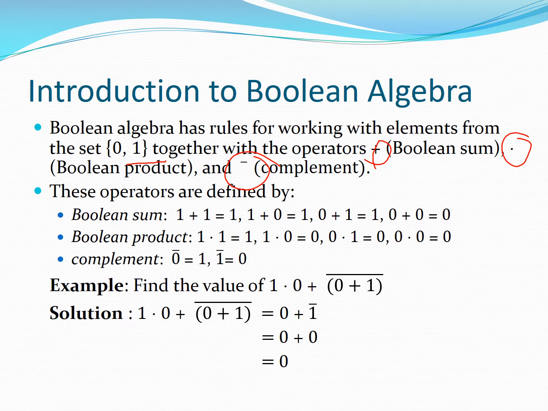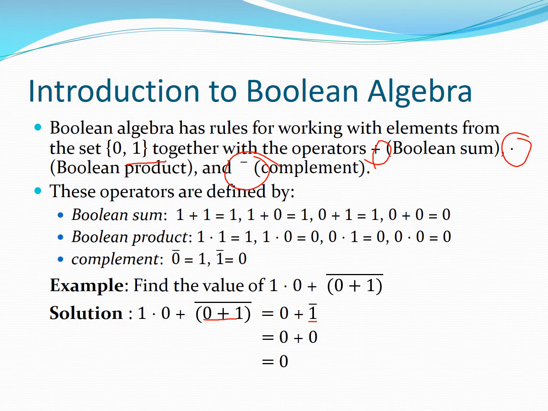You have 1 times 0 plus 0 plus 1 whole bar. So 1 times 0, you're going to solve the product. 1 times 0 gives you 0, right? What does 0 plus 1 give you? 0 plus 1 is going to give you 1, right?